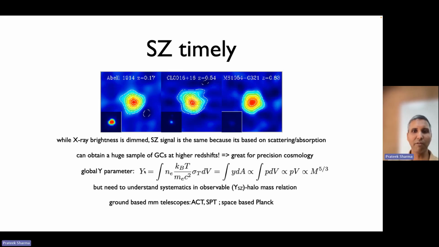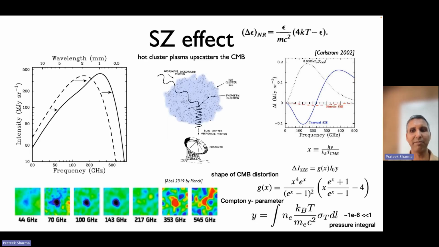This Compton Y parameter that I mentioned is sort of like an integral of pressure along the line of sight. n_e times T is proportional to the pressure of the intracluster medium. So this is like a local y, along a particular sight line. If you have a galaxy cluster which is resolved, you can get a value of this pressure integral along the line of sight.